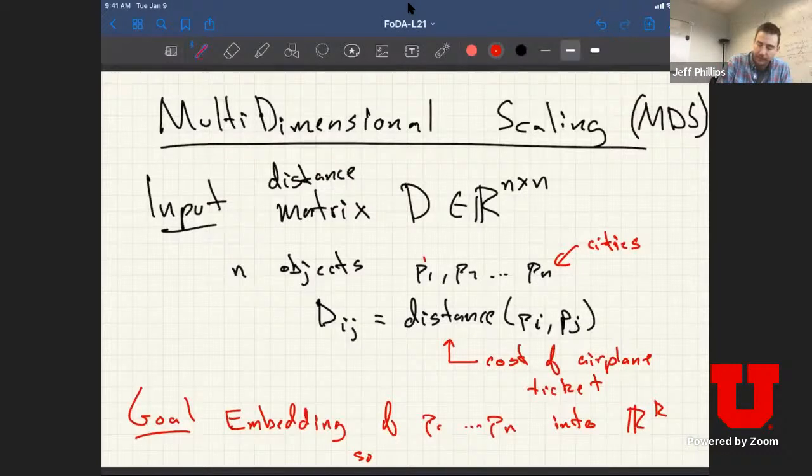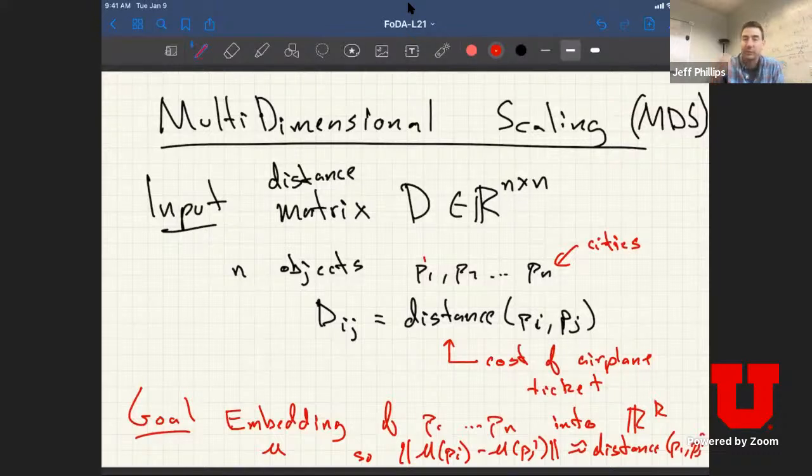Let's call this embedding map mu, so that if I compute the Euclidean distance between mu(Pi) minus mu(Pj), this is approximately the distance Dij I've been given as the input, right?